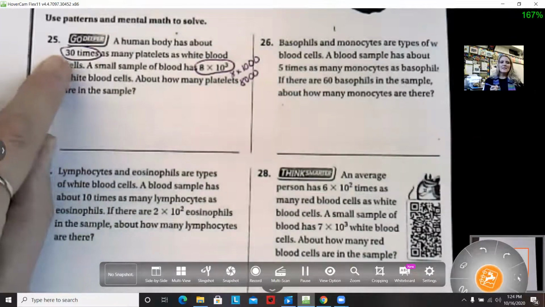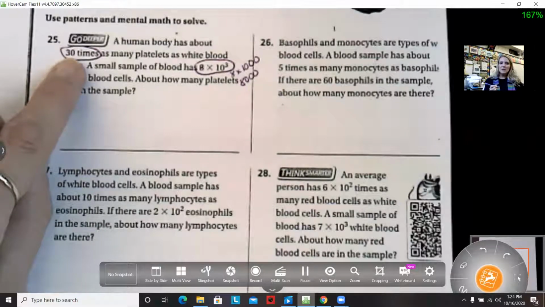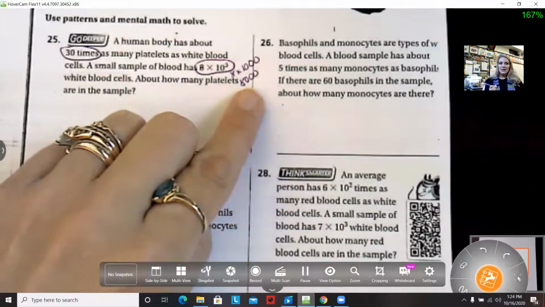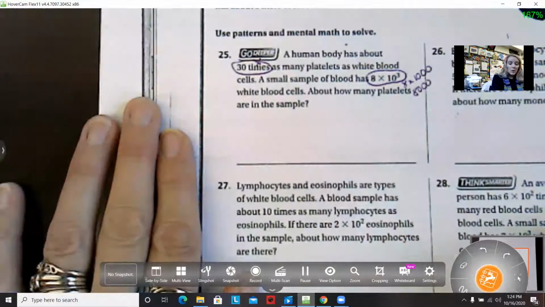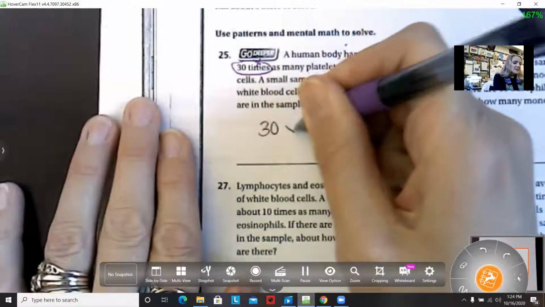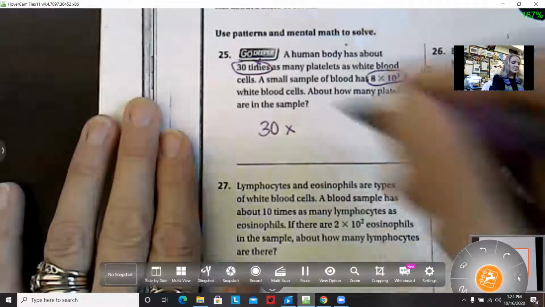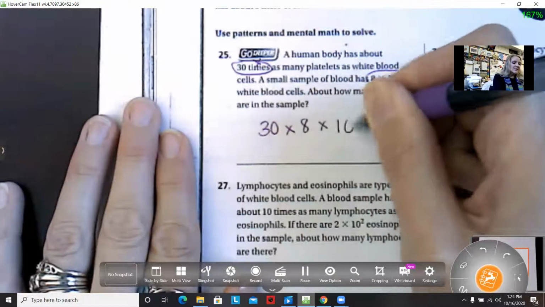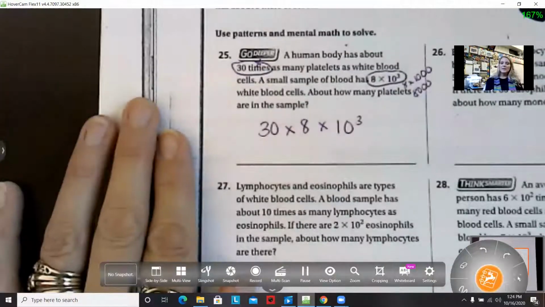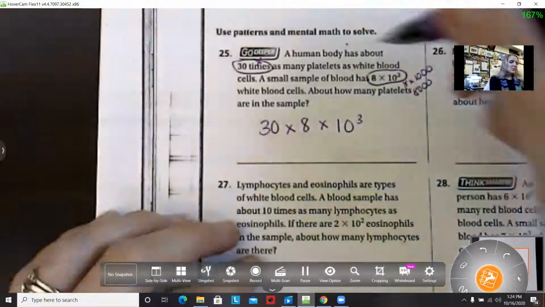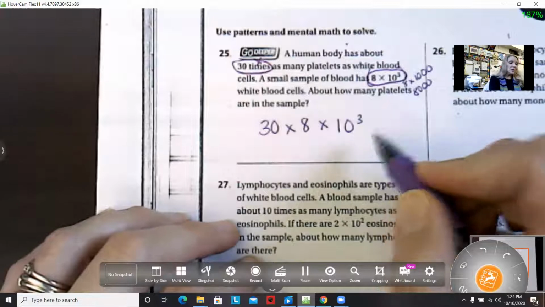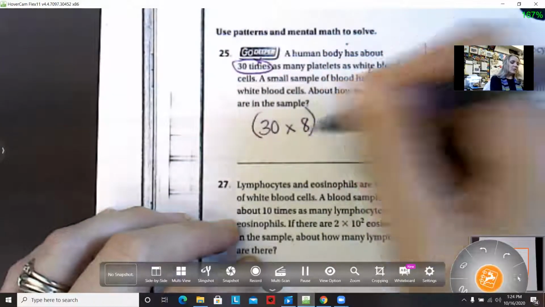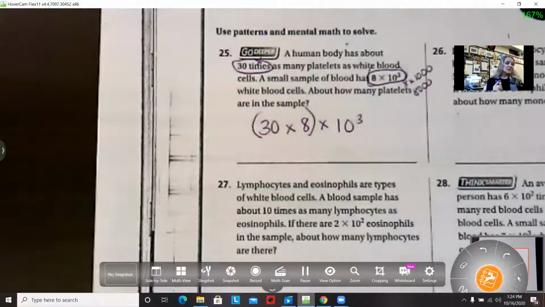So remember what it says. It has 30 times as many platelets as white blood cells. So what we're going to do here is the problem that I'm going to write here. Do you see that word times? That means we're going to multiply. 30 times 8 times 10 to the third power. Now, instead of putting the parentheses around 8 times 10 to the third power, the easier way to do it, the commutative property allows us to move those parentheses.